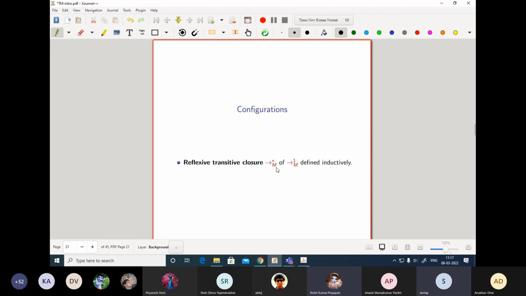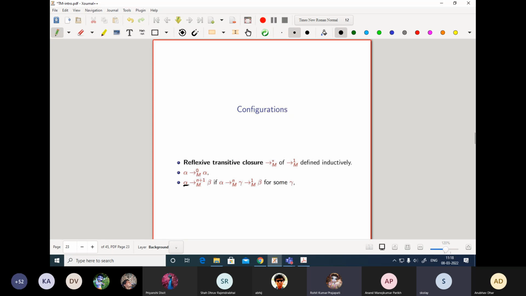Now again, we can take the reflexive transitive closure of the next configuration relation, to be denoted as right arrow M and star, denoting that there is some n such that you can derive the current configuration from some given configuration. And again, we will be defining it inductively. Suppose you are at some configuration alpha, then in 0 steps, you will remain in the same configuration.